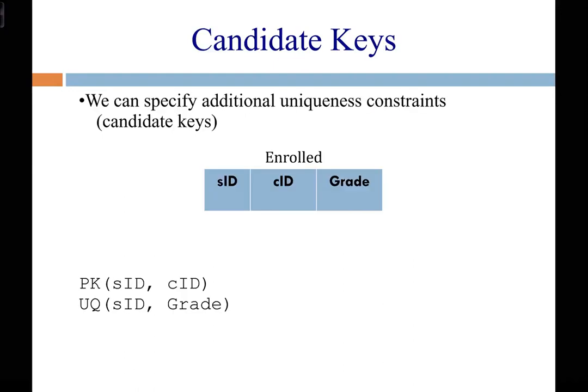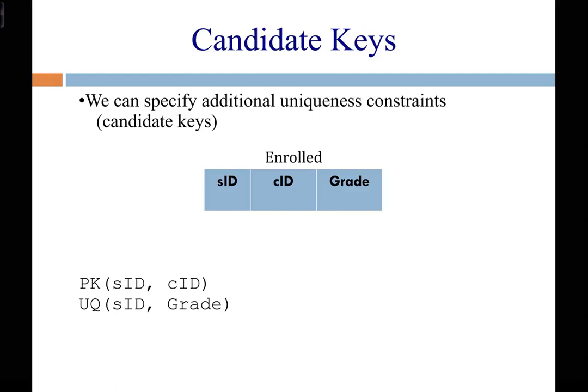So candidate keys. I'm getting into very pseudo SQL syntax here. We can specify additional keys. So I'm saying there's a primary key, and then I'm using UQ for an additional uniqueness constraint. I'm saying SID CID is one of the keys. SID grade is another key.